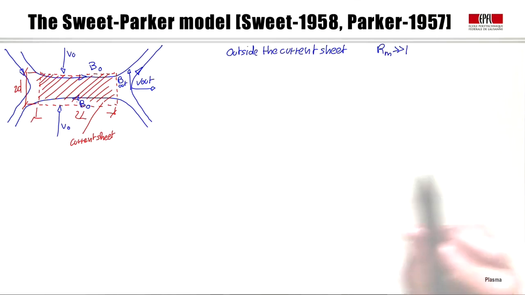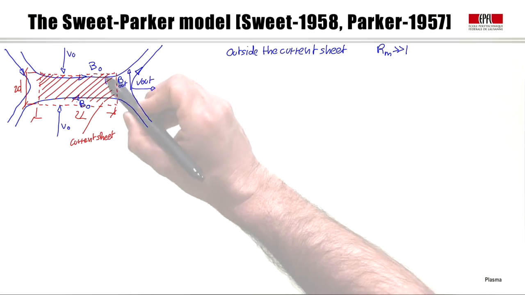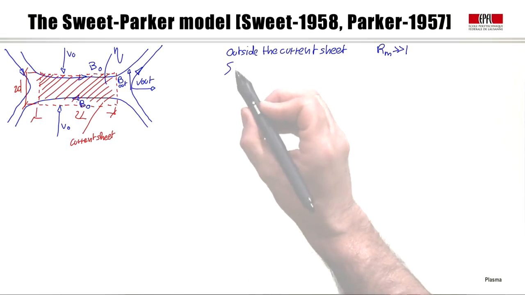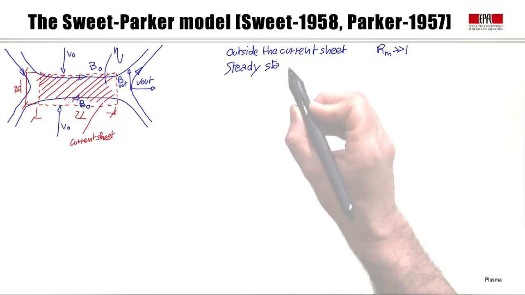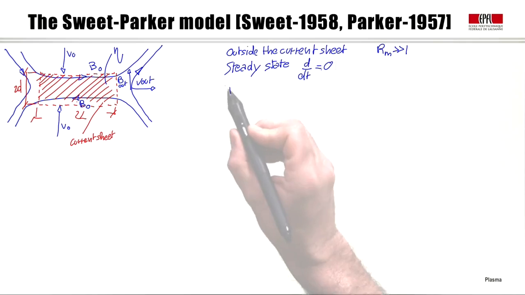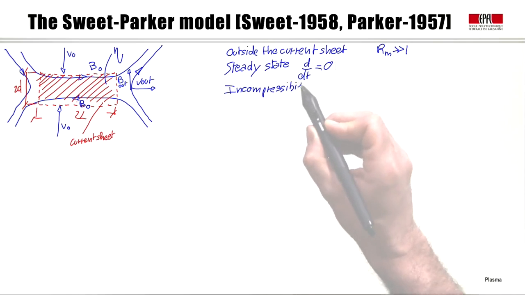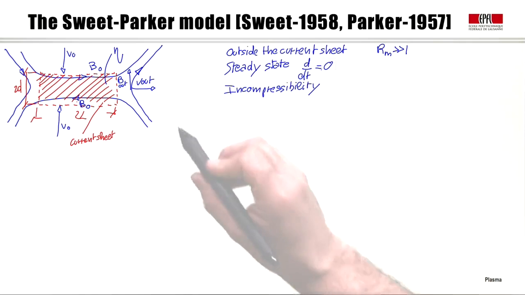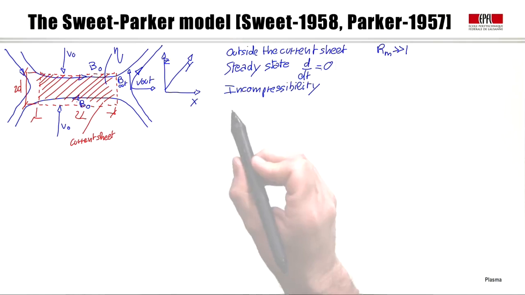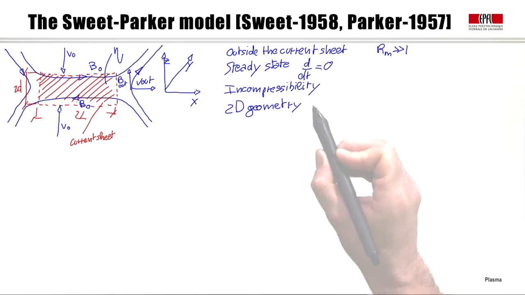Inside the current sheet, the plasma has a resistivity indicated by eta. The system is in steady state, meaning that time derivatives can be neglected. The plasma is incompressible, and we assume a two-dimensional geometry with d over dy equal to 0.